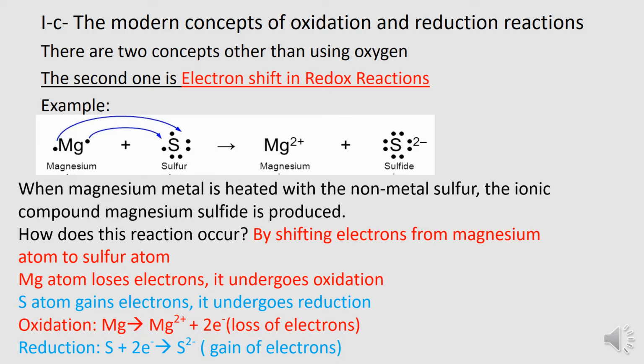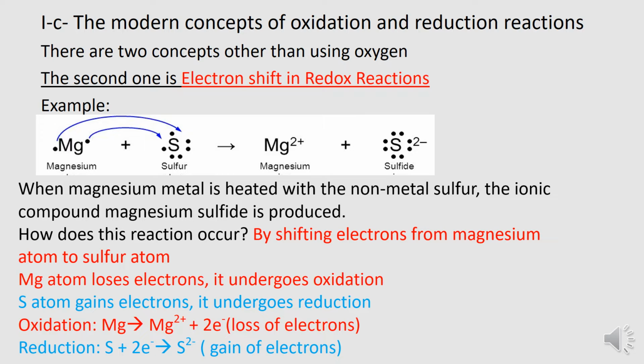How do we represent them in equations? We have here to write half reaction equations. The first one, we represent oxidation as magnesium gives magnesium ion plus 2 electrons.